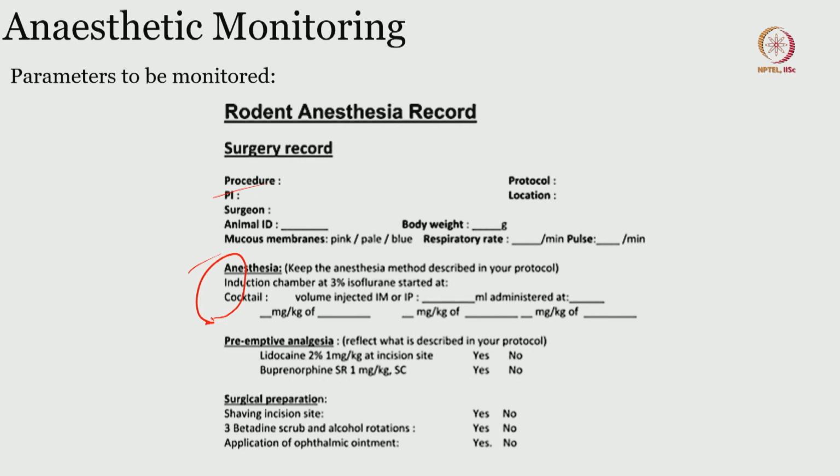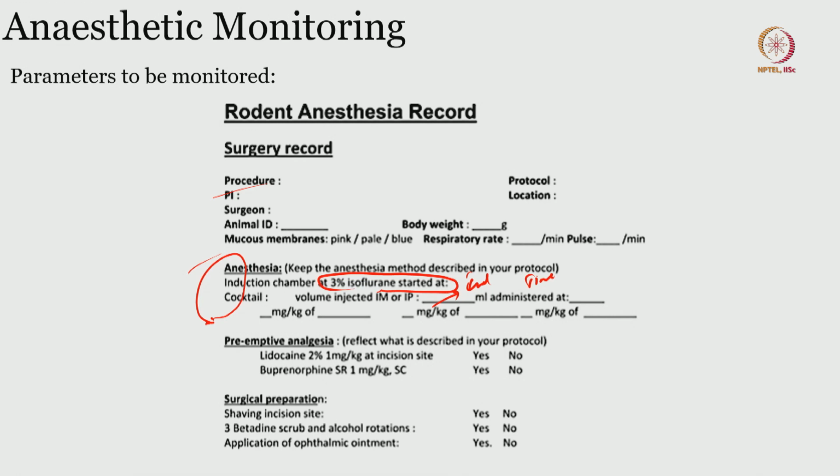If it is ketamine with xylazine, what are the dosages, how much is the volume that you are going to inject, and what time did you put the rat for induction. So, time is very important, because as the time prolongs, the recovery is also prolonged. So, you can predict the recovery time based on your entire duration of anesthesia.